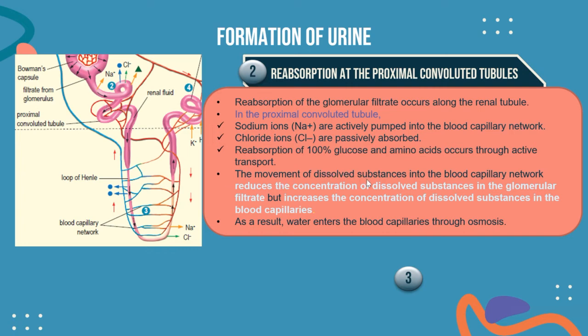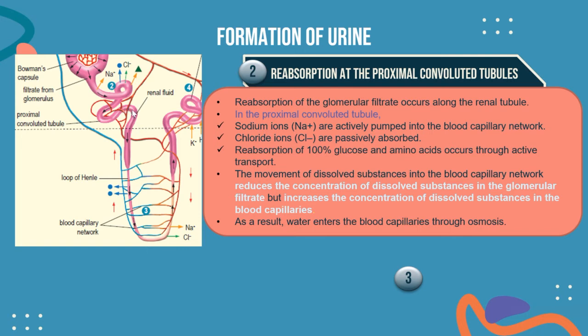The movement of dissolved substances into the blood capillary network reduces the concentration of dissolved substances in the glomerular filtrate, but increases the concentration of dissolved substances in the blood capillaries. Since sodium ions, chloride ions, glucose and amino acids are absorbed back, the concentration of the blood capillary becomes higher than that of the glomerular filtrate.